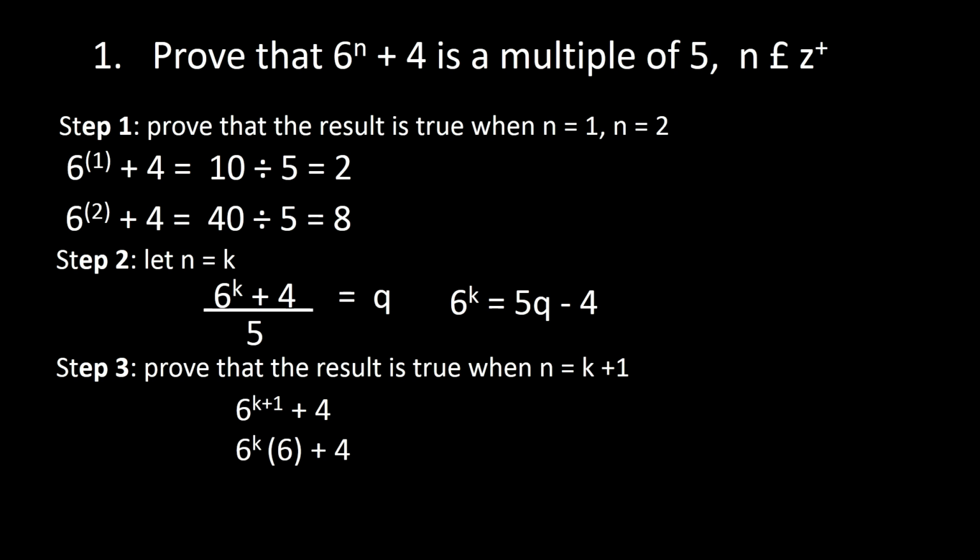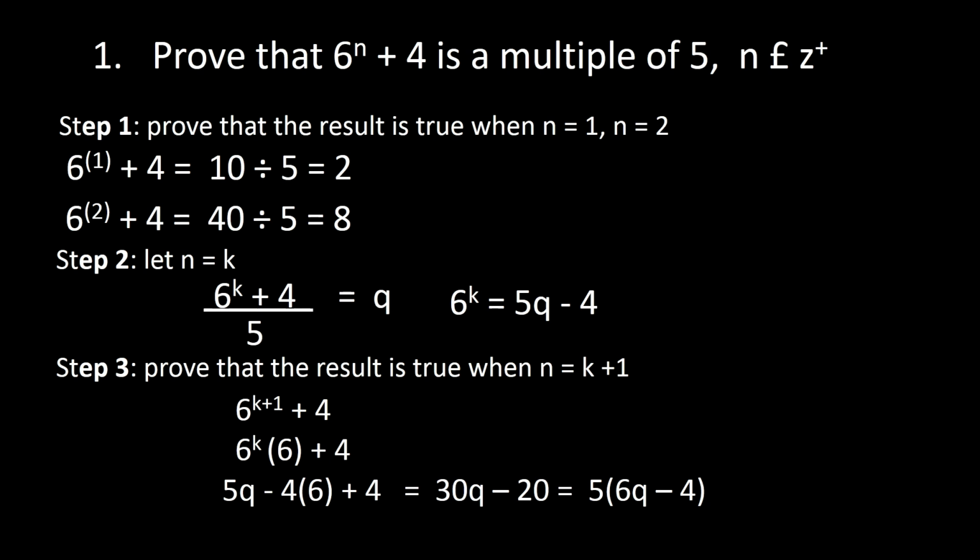So we replace 6 to the power k with what we got earlier, 5q minus 4. So 6 raised to the power k is the same thing as 5q minus 4. So 5q minus 4 times 6 plus 4. At the end, we are going to get 30q minus 20.